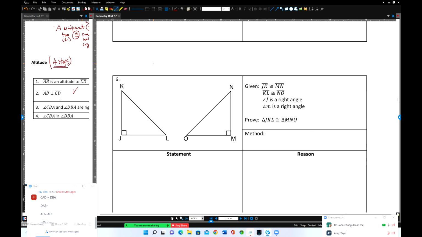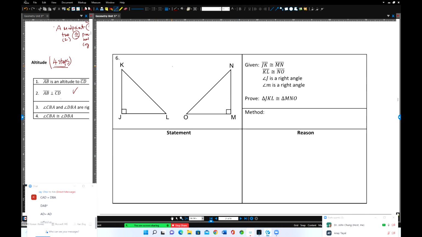Okay, this one. Let me see. Okay, this is the right triangle. When you got the right triangle, be a little careful, right? Anyway, we can check it out. JK congruent MN. The second one is KL congruent NO. You got one side already done. It's proved already.